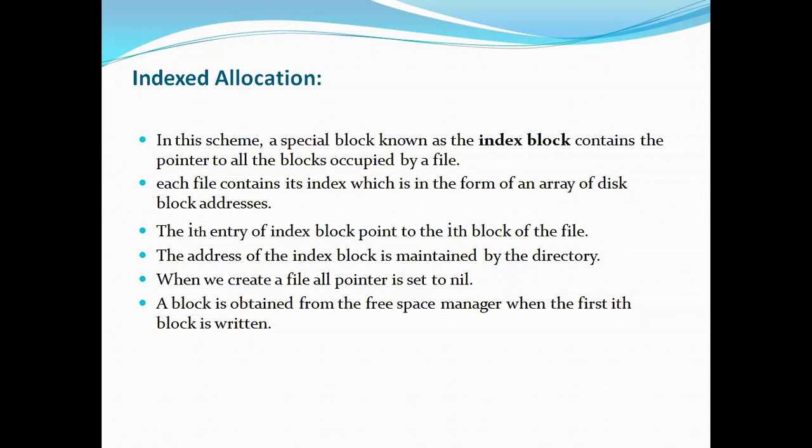Each file has its own index, in the form of an array of disk block addresses. The ith entry in the index block points to the ith block of the file. That means suppose in your index file the second entry is maintained; that second entry is allocated to the second block of the file. If the sixth entry is maintained, it relates to the sixth block of the file, right?